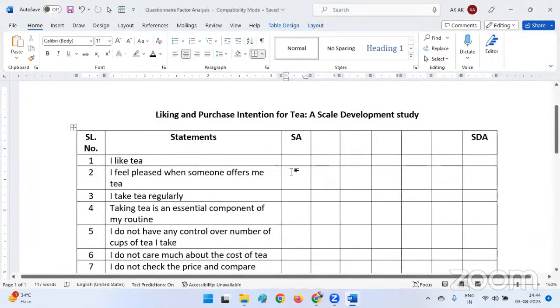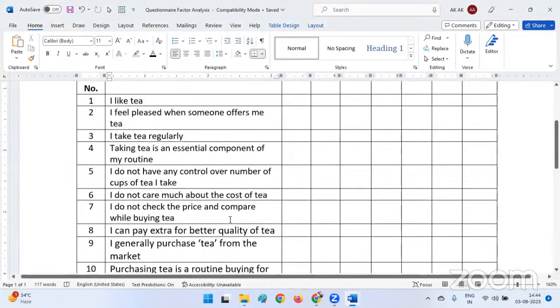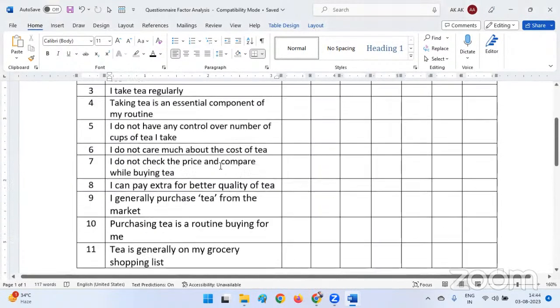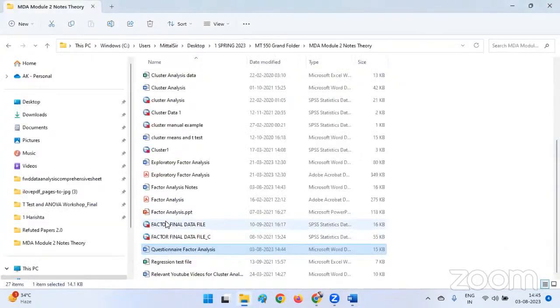I want to develop a scale wherein I'm asking people whether they like tea or not. If they like tea, whether they purchase it or whether they are fond of tea or not. So I made some statements from strongly agree to strongly disagree on the scale. I have the data file as well.